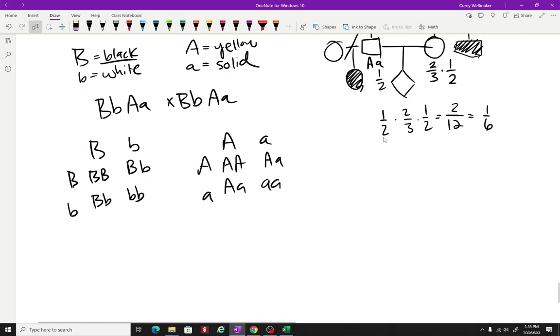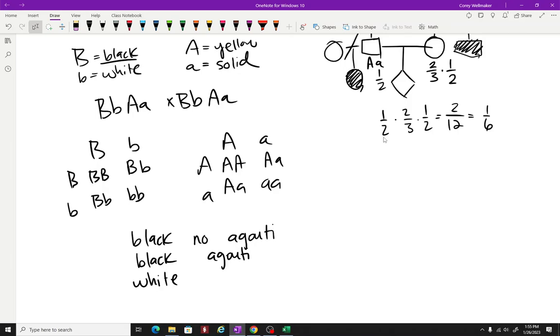So that's the sort of thing that you have to keep in the back of your mind. So you can be black solid, you can be black agouti, and then you can be white. And if you're white, there is no such thing as solid agouti. You're just solid white. It doesn't matter what you have for A, right?